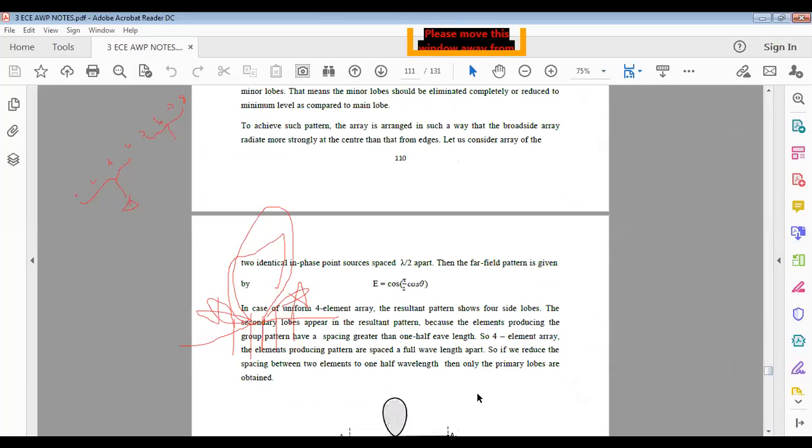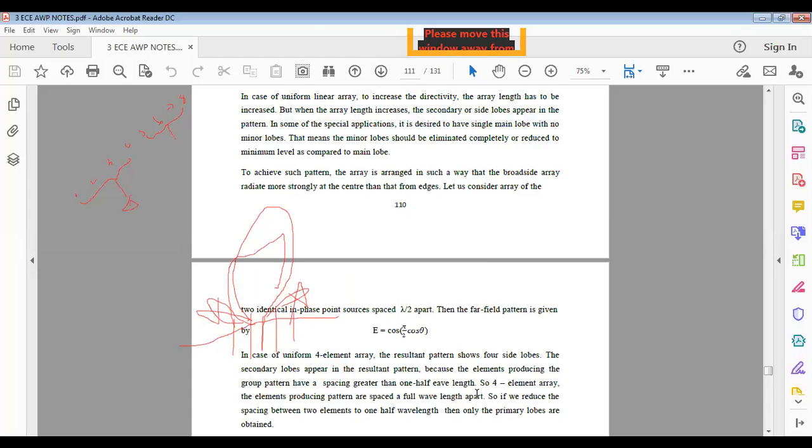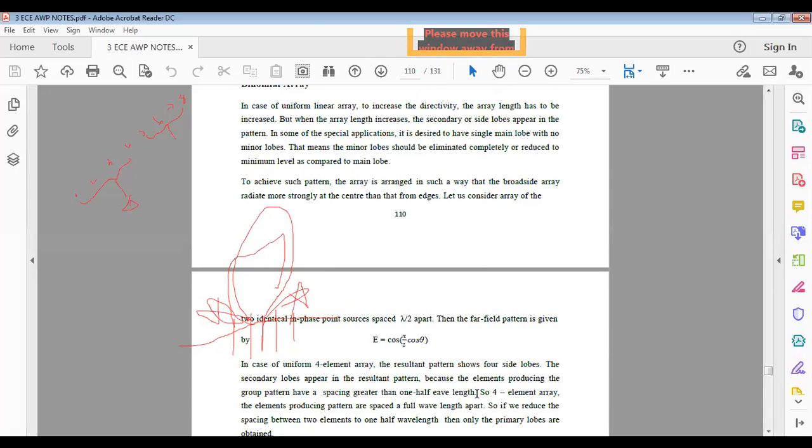To achieve such a pattern, the array is arranged in such a way that the broadside array radiates more strongly at the center than from the edges.